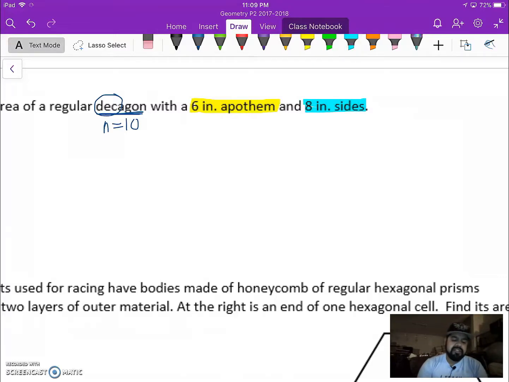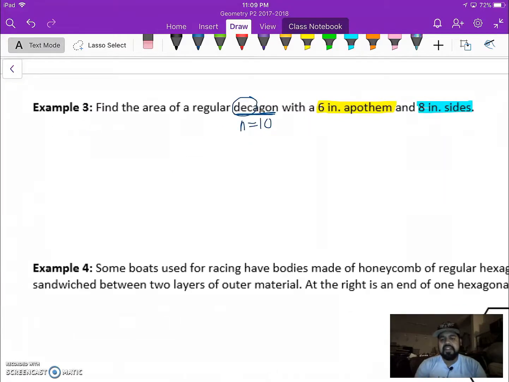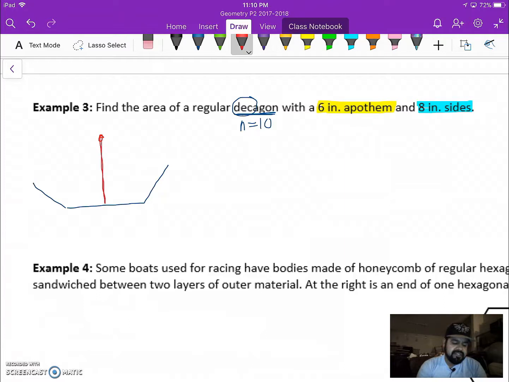So visually, it'd be a little hard to draw a 10-sided shape. So I'm just going to simplify the idea to one tiny portion of it. So my apothem will go from the center here straight down to the side. So there's my 6 inches. And I'm told that the side length is 8 inches.